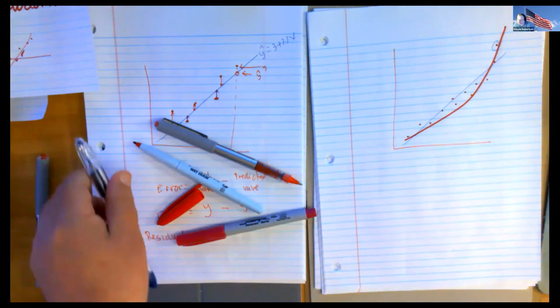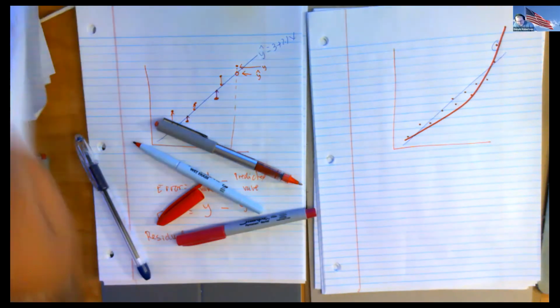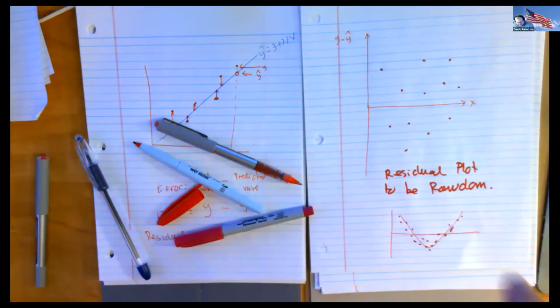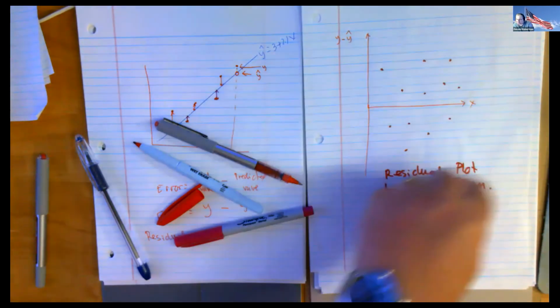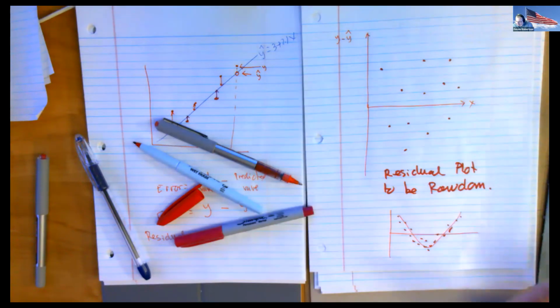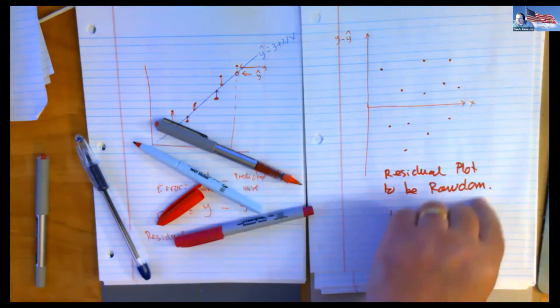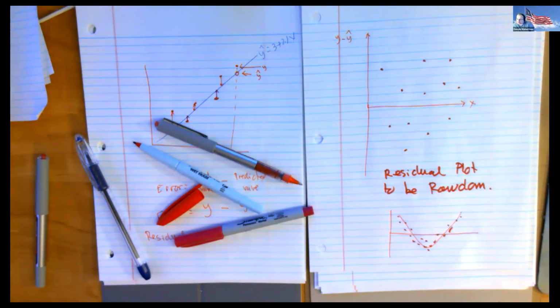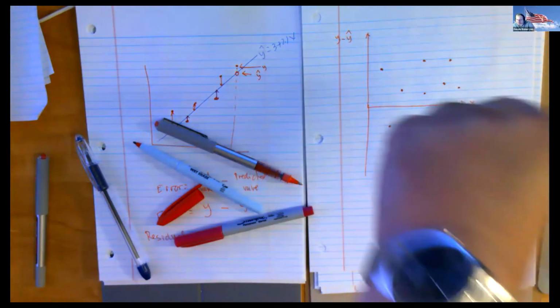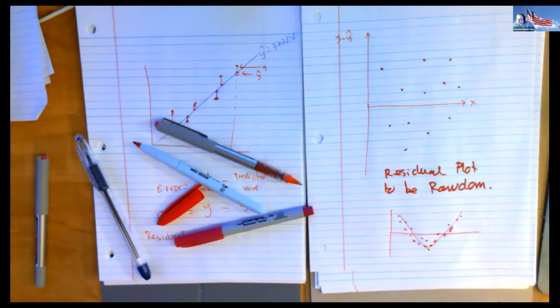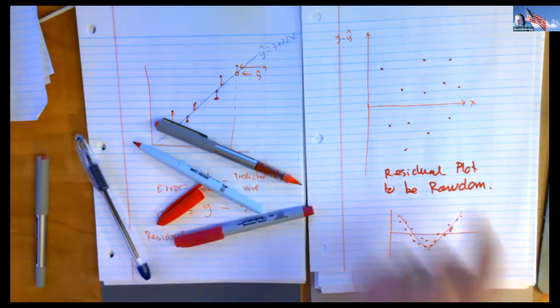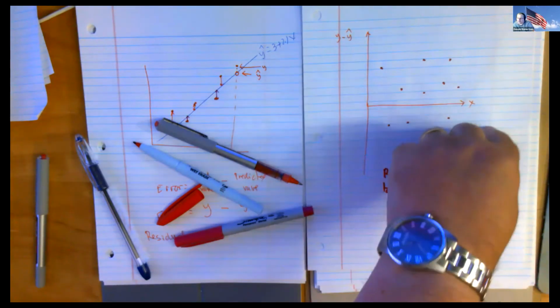How do you know which situation it is? If the residual plot is random, it's a straight line. If the residuals have curves in them, it's a curve. Now, the good news is, isn't it easy to tell the difference between random and curved? Doesn't random look like dots just everywhere, and curves look like curves?